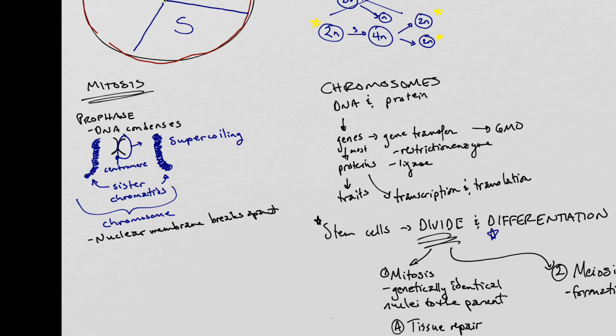And then there are these little things inside of the cell called centrioles that are going to move to the opposite ends or poles of the cell.